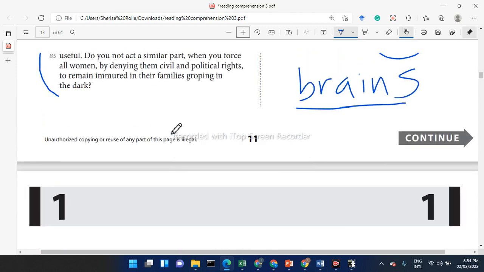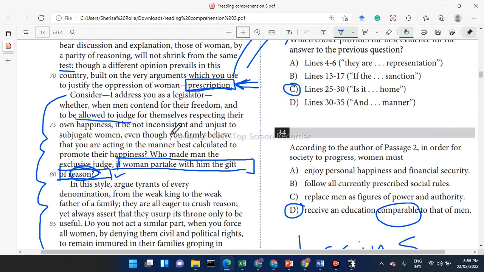Let's look at line 72 to 75. Because say I address you as legislator, whether men contend for their freedom and be allowed to judge for themselves respecting their own happiness. Would it not be inconsistent and unjust to subjugate women, even though you firmly believe that you are acting in a manner best calculated to promote their happiness?